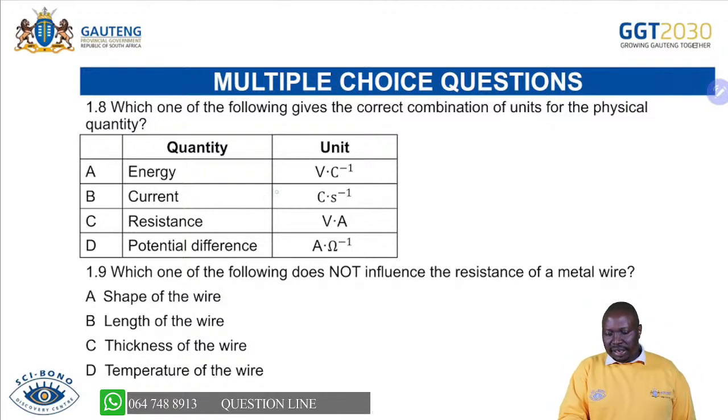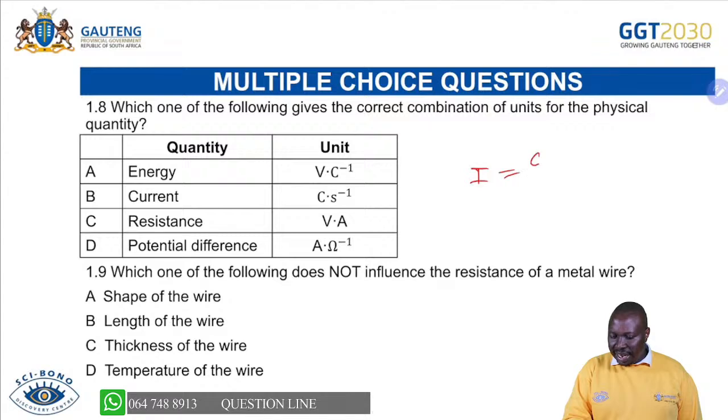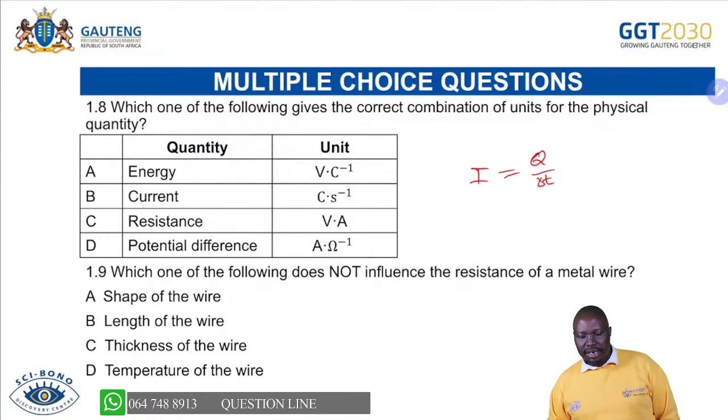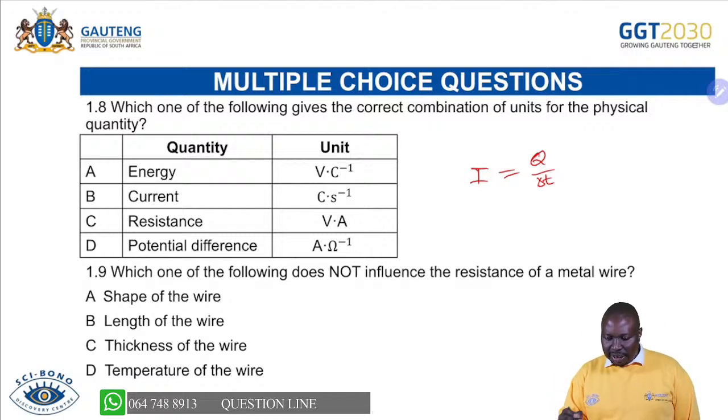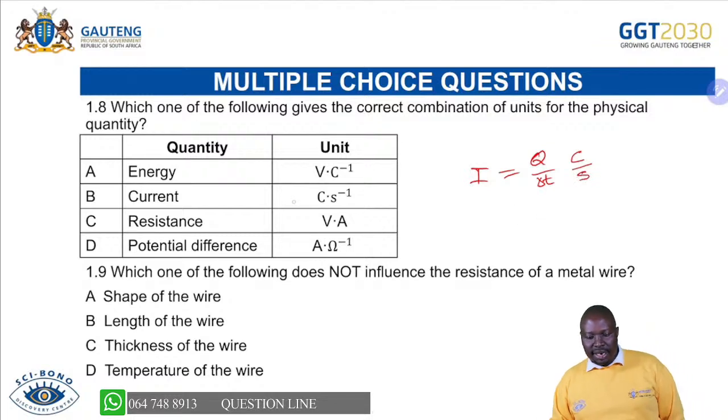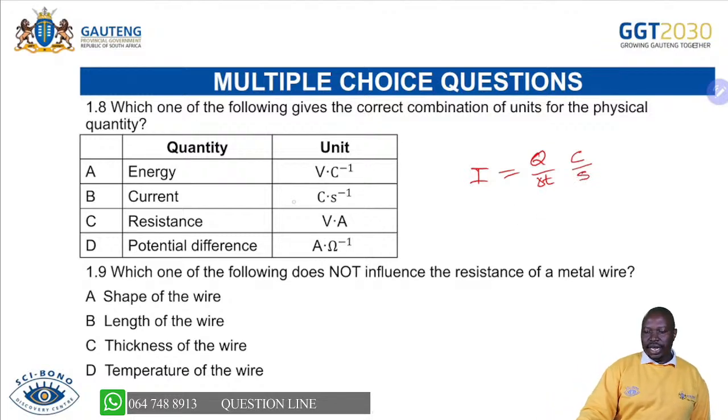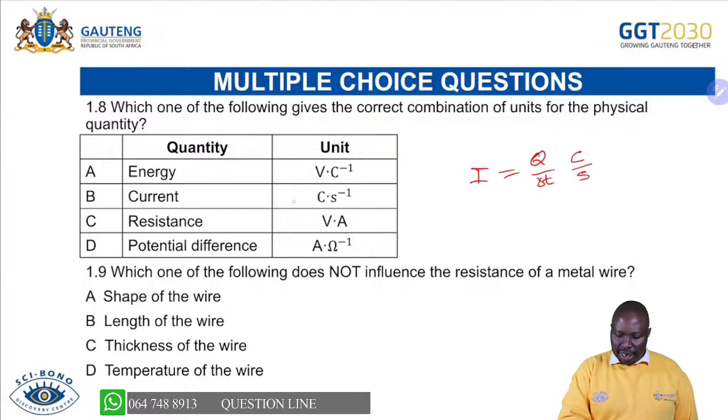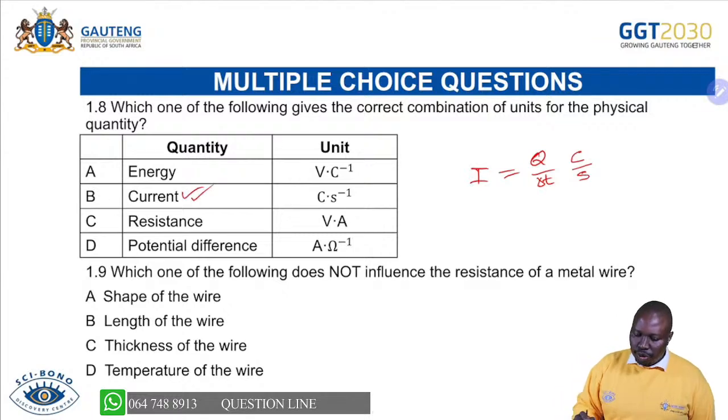Remember, current is, by definition, the rate of flow of charges. Charge is measured in coulombs, time is measured in seconds, which is coulomb per second. So you're able to see that 1.8 will be number B, which is now your current. So you're able to choose that one.